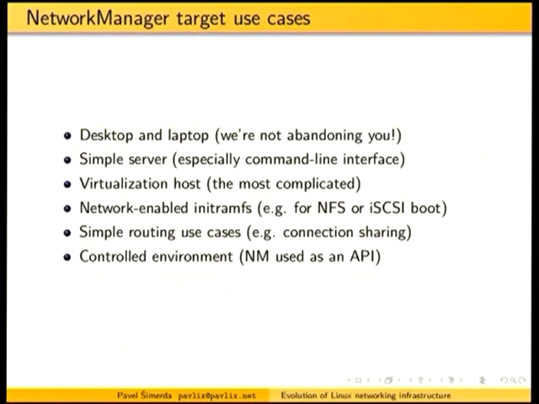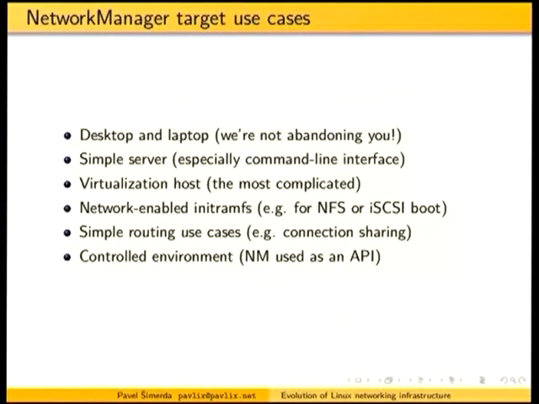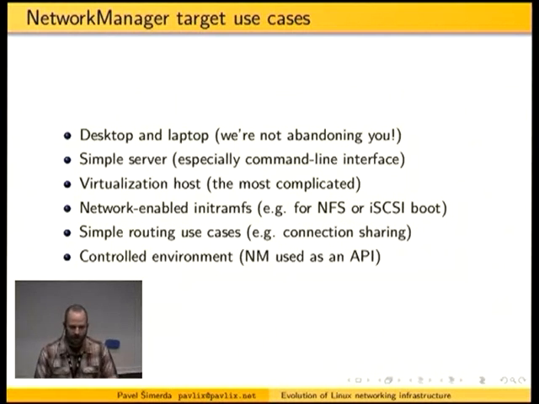So just to have a good picture of what we are trying to achieve, we are trying to extend the target use cases of NetworkManager from desktop and laptop, which we like to keep working well with it, to just simple servers, to more complicated virtualization hosts, and we are targeting also the initramfs images, which may be a surprise for some people.